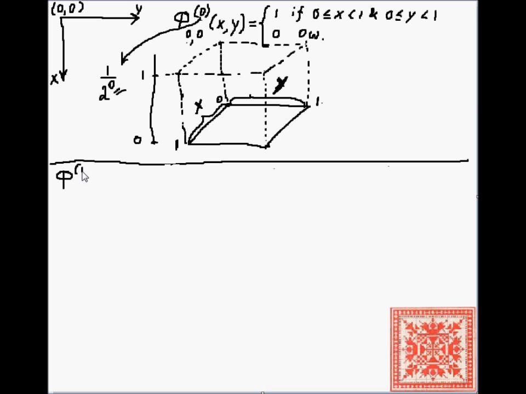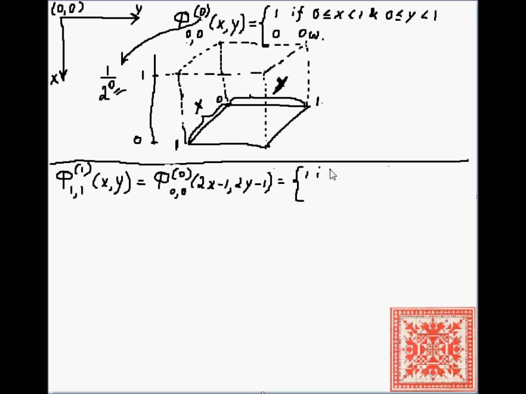Then, going counterclockwise in our 2D plane, let's do 1, 1. The basic function phi 1 sub 1, 1 starts at 1, 1. It is defined again in terms of the basic square step function as phi of 0 sub 0, 0 at 2x minus 1, 2y minus 1, scaling the basic function.